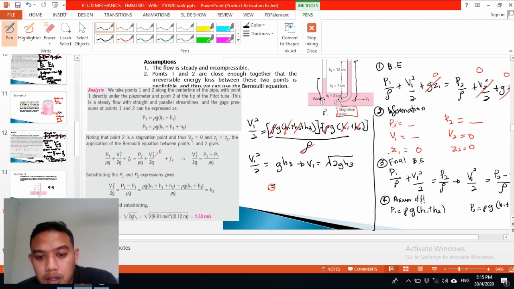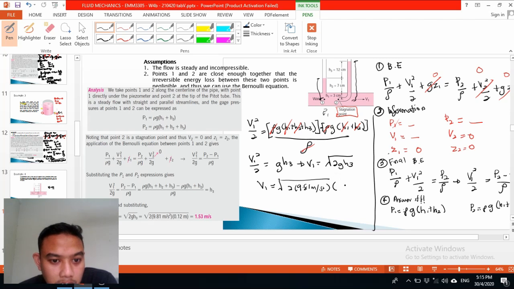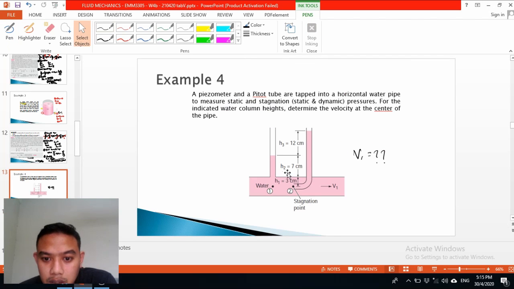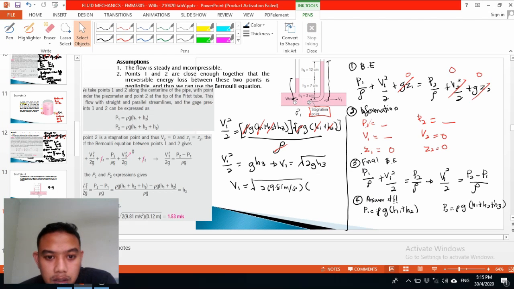So we can answer it: V1 is equal to the square root of 2, G is 9.81 meter per second squared. Your H3 is 0.12 meter. So at the end you will get the answer of 1.53 meter per second.